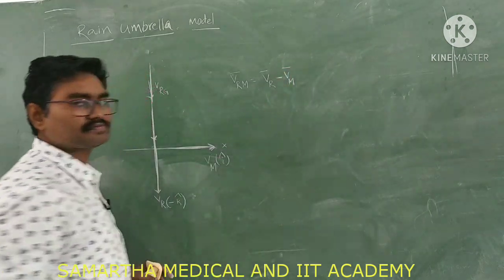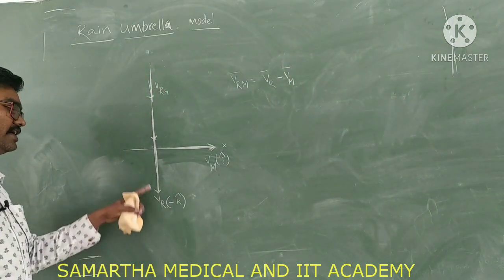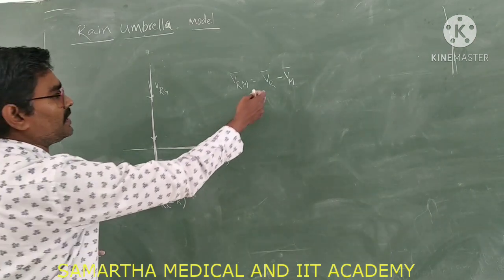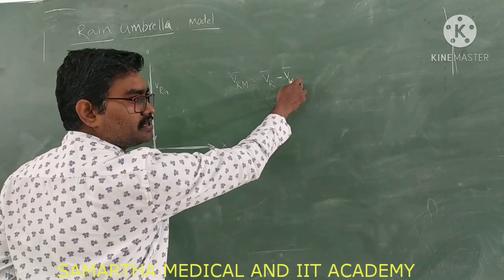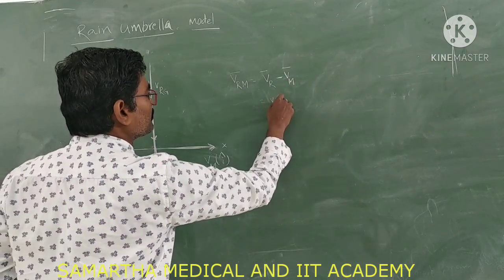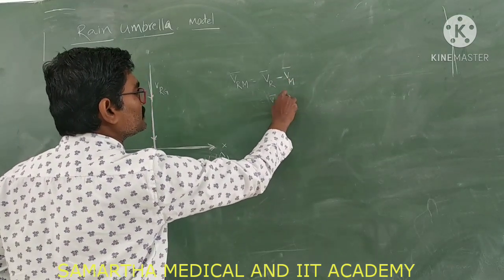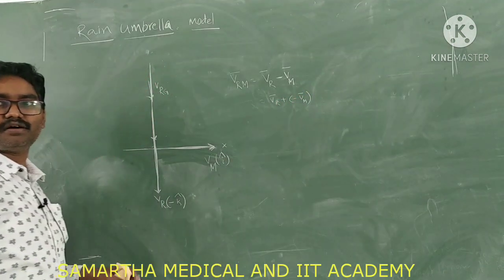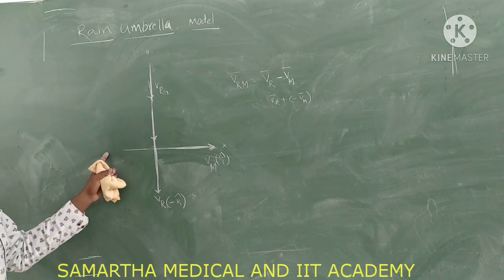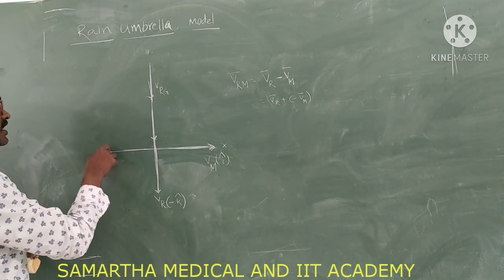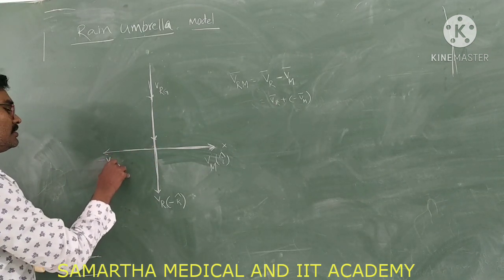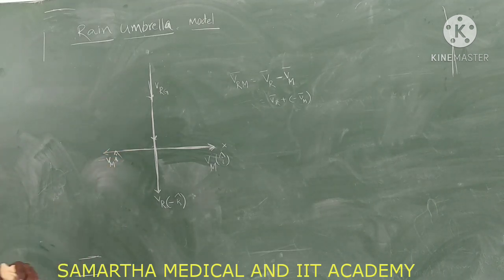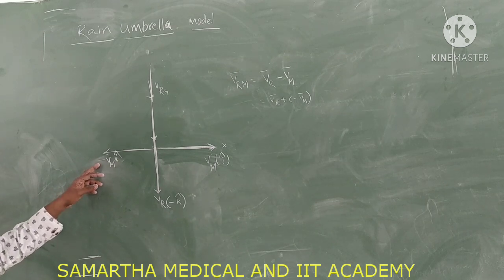The velocity of rain is Vr into minus k cap, minus the velocity of man, Vm. You know that subtraction of a vector means addition of the negative vector. So minus Vm into i cap is the direction of minus Vm.